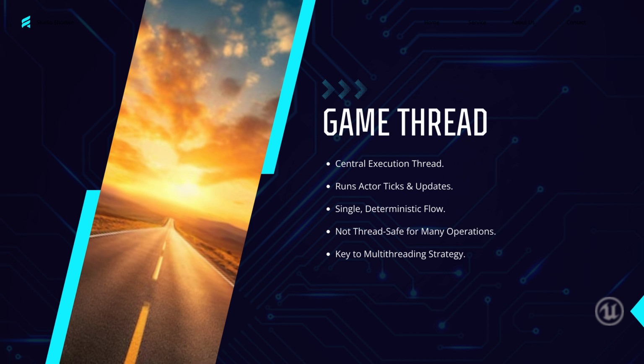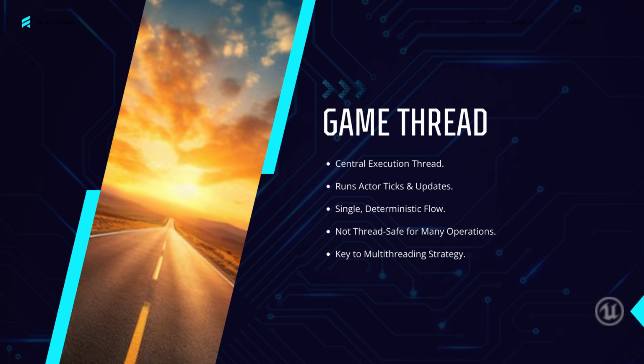By design, many engine APIs and gameplay operations are not thread safe, so they must be executed on the game thread. Understanding the game thread's role is crucial, especially when introducing multithreading to your project, because you need to know what must remain on the game thread and what can safely be moved off of it.